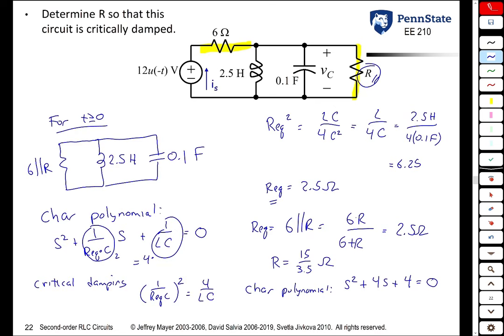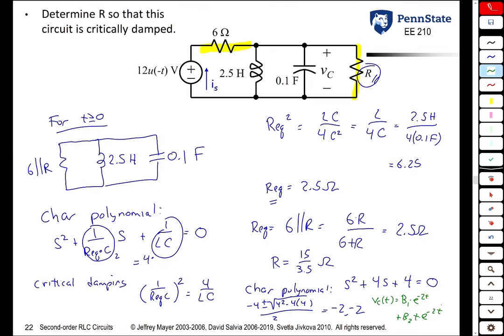Sure enough, if you find the roots of this, you get minus 4 plus or minus the square root of 4 squared minus 4 times 4, over 2. You get the repeated roots, and so you know that VC of t or IL of t, or any other voltage or current for that matter in the circuit, has to be B1 times e to the minus 2t plus B2t times e to the minus 2t.